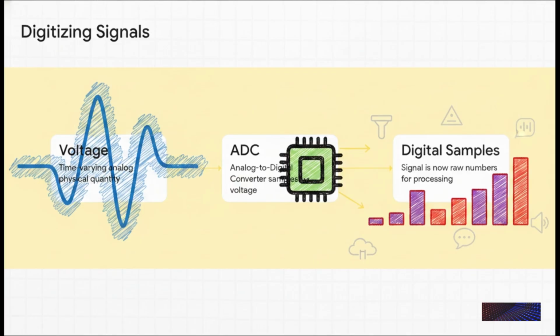Which leads us to step three, you are left with your digital samples, just raw numbers. And the beauty is, once you have those numbers, your computer can do whatever you want with them. You can apply digital filters, compress the data, recognize speech, all purely in software. This right here is the absolute bedrock of digital signal processing, or DSP.